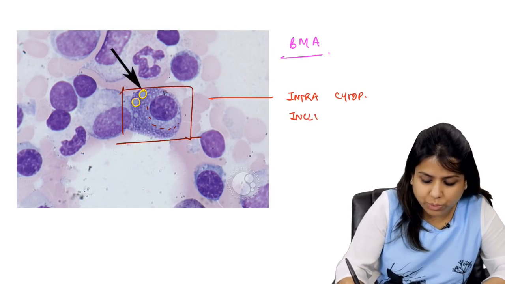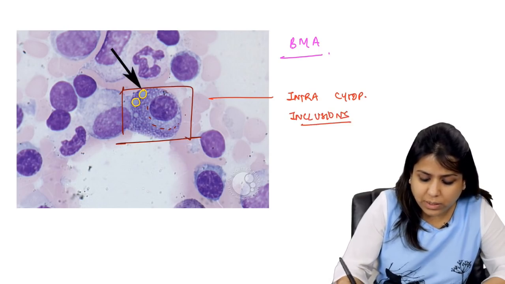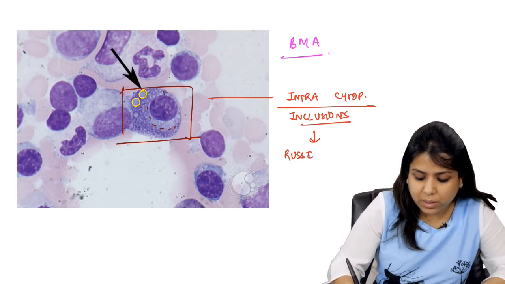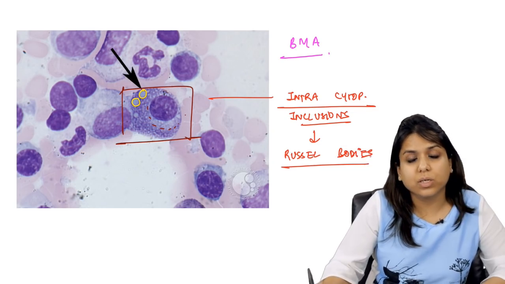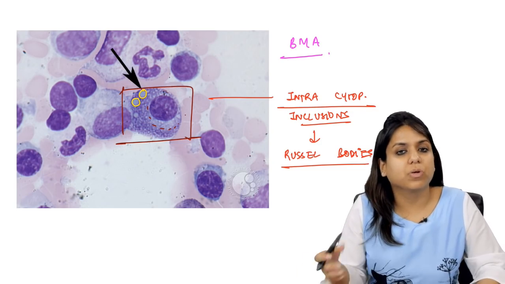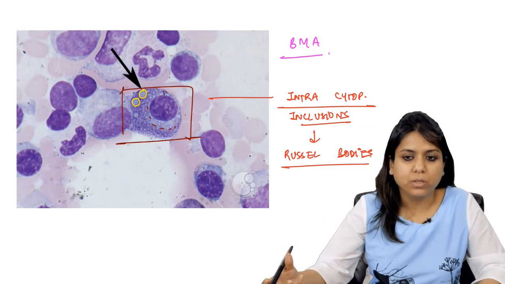These are intracytoplasmic inclusions, and these inclusions are called as Russell bodies. Again, students, these inclusions are seen in a patient with multiple myeloma, because of excess immunoglobulins, right?